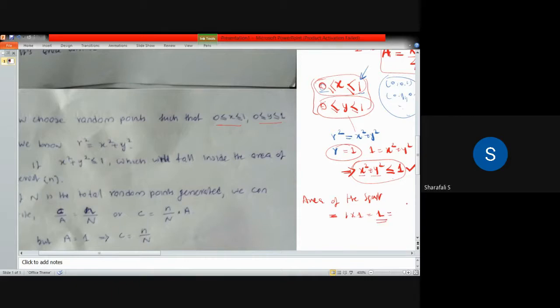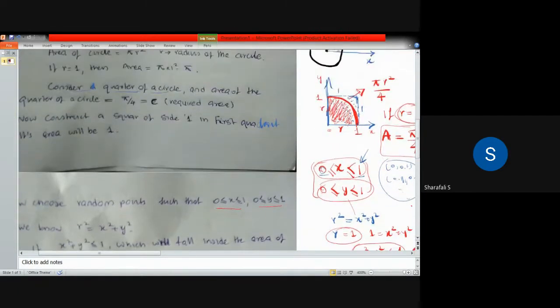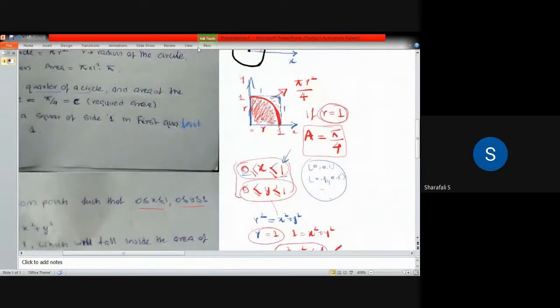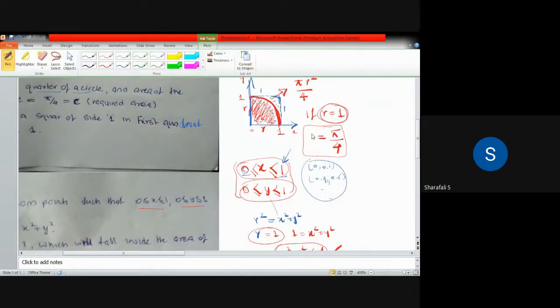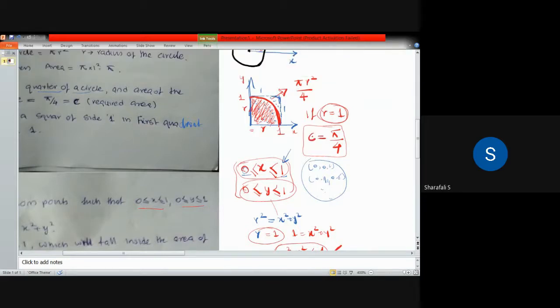And this we can call capital A. And for this case, let us change this to C. That is the area that we require. This C represents the area under this circle segment. So the area of the square is capital A, and this C is the 1/4 of the area of the total circle.